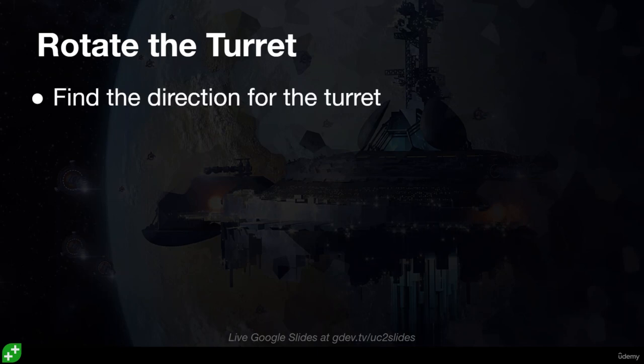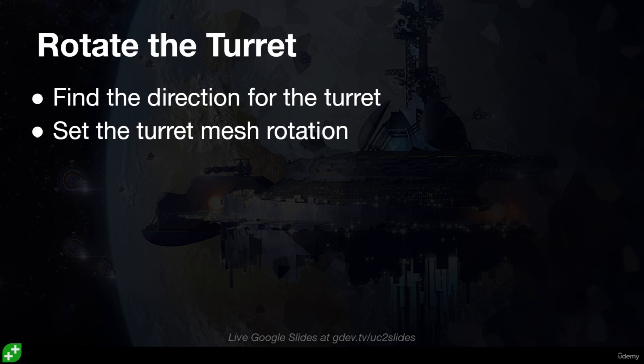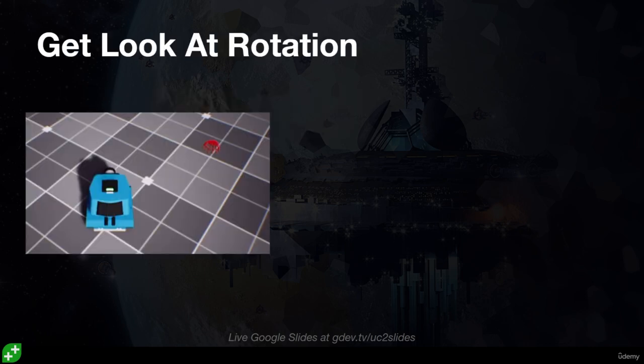Okay, so to achieve this, we need to find the direction that we want our turret to point in. And once we've found that direction, then we can set the turret mesh rotation. Now, in order to get the direction that we'd like the turret to point in, we need to do a little bit of vector math. What we're looking for is a vector from the tank turret to our trace hit location.